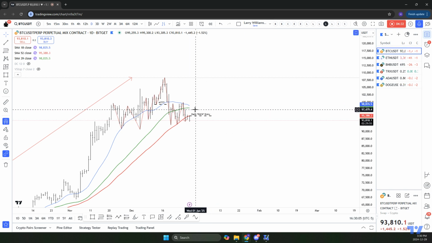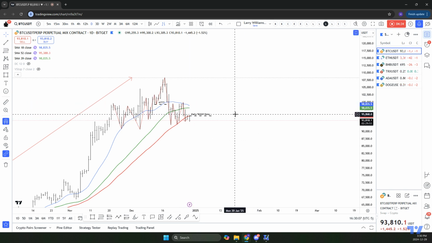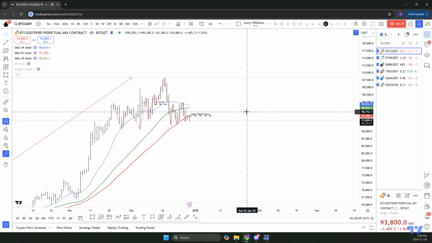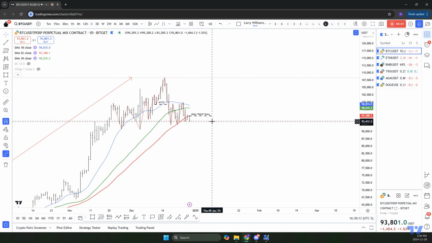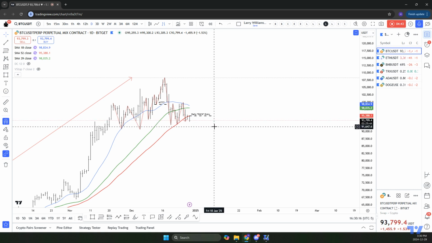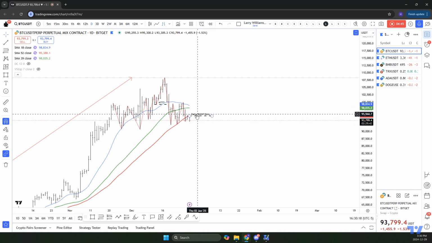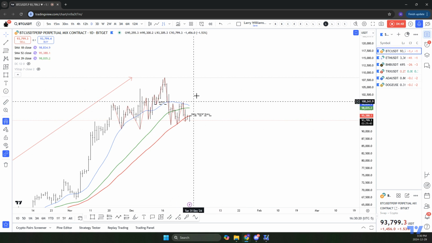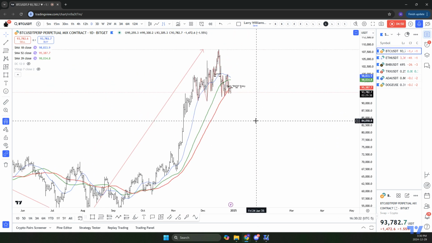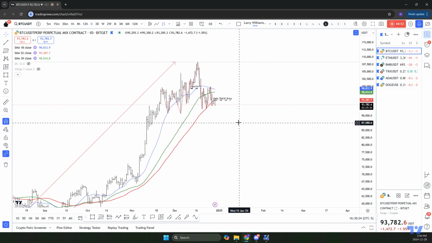So we're still set up for a daily ducks long. Basically, if the bulls are going to step up, it needs to happen right away. This is the last chance for the bulls to step up, I think. If they don't, I do think the short-term weekly swing high is going to take effect, and we are going to get a pullback of some kind. So that's what I'm watching for.